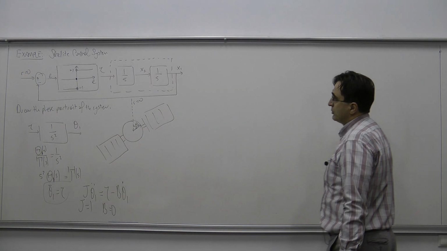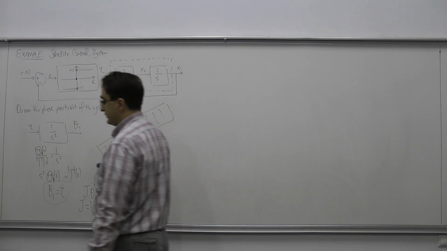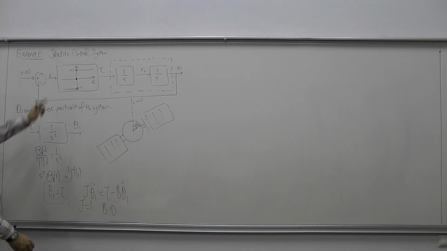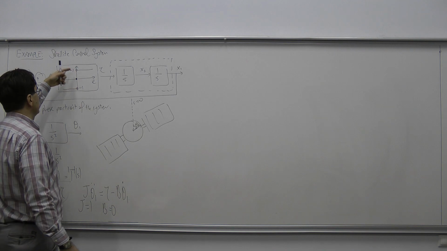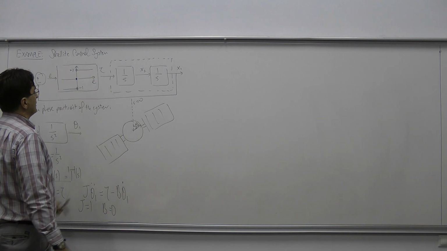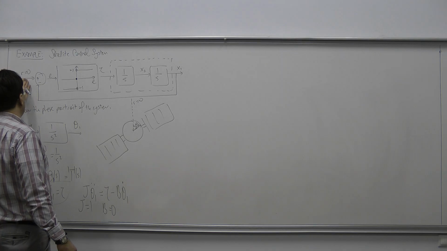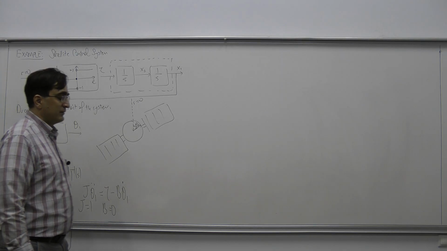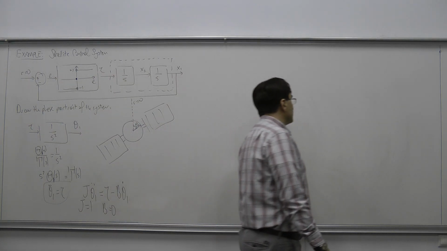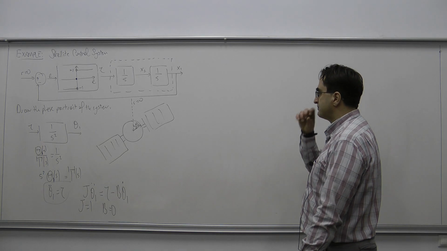Okay? Onto the body of the satellite system. And at the end, we would like to achieve the control of the satellite, and we would like to bring it to the reference theta 1 equals to 0. Okay?